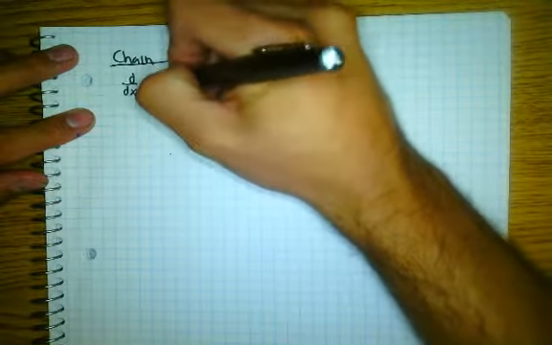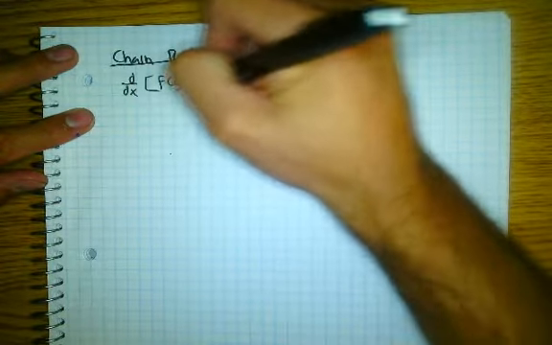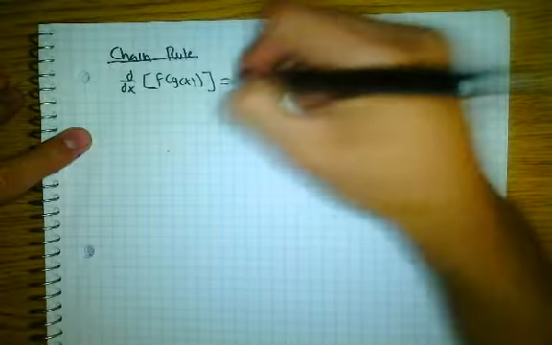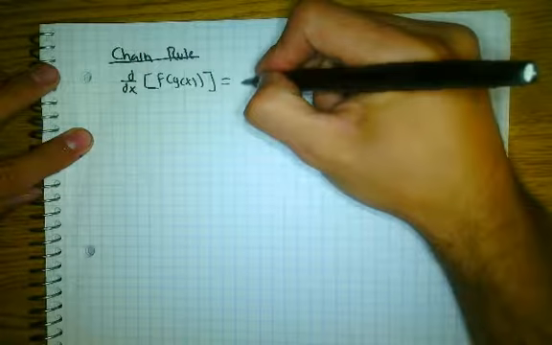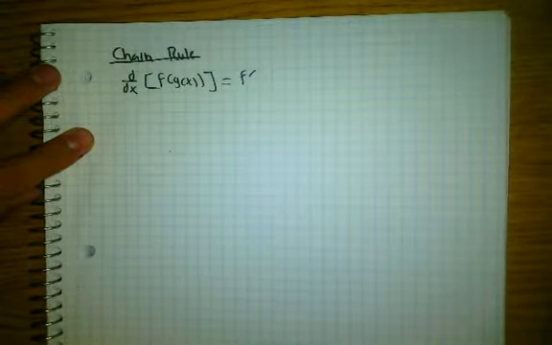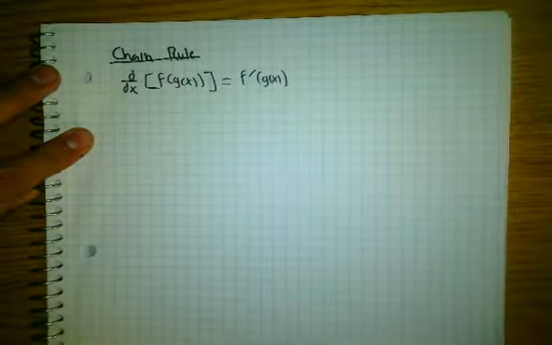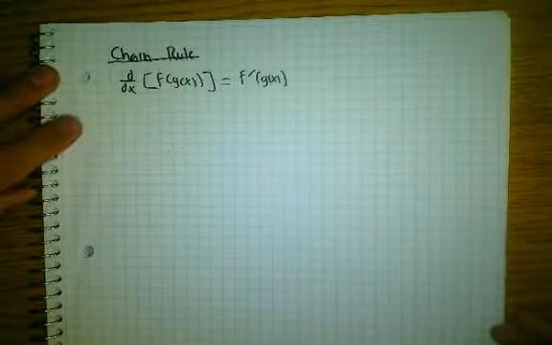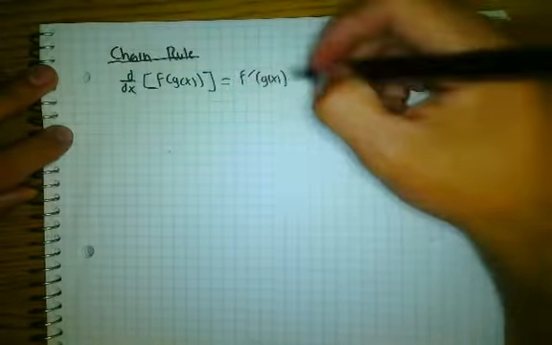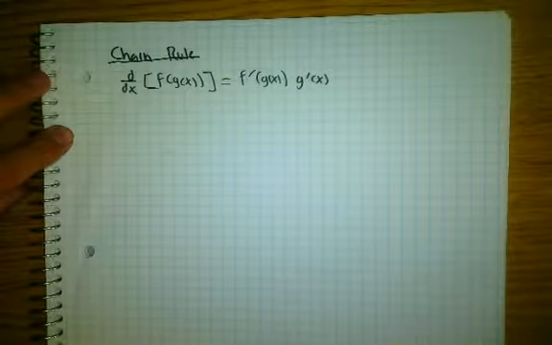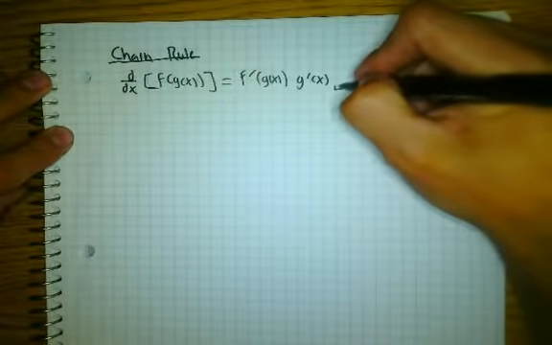So in this case, I'm going to call it f of g of x. And here's how it works. You are going to take the derivative of the outer function. Cool? The derivative of the outer function and multiply by the derivative of the inner function. So f prime of g of x times g prime of x. Cool?